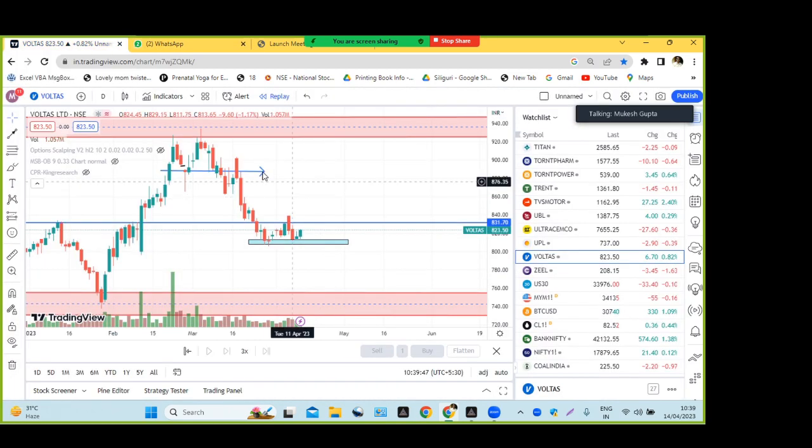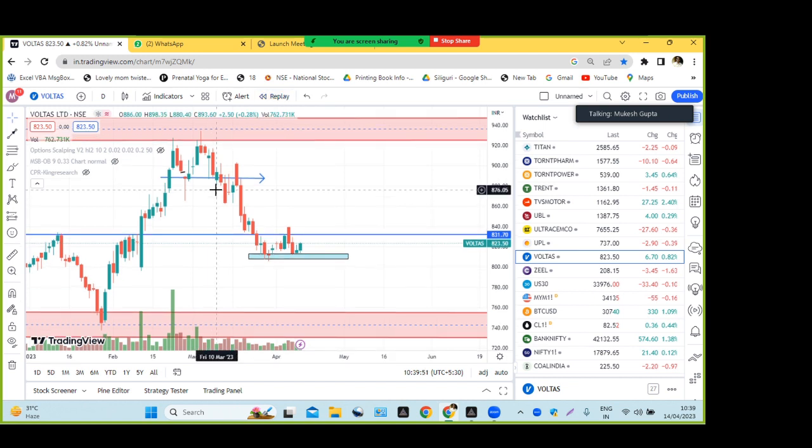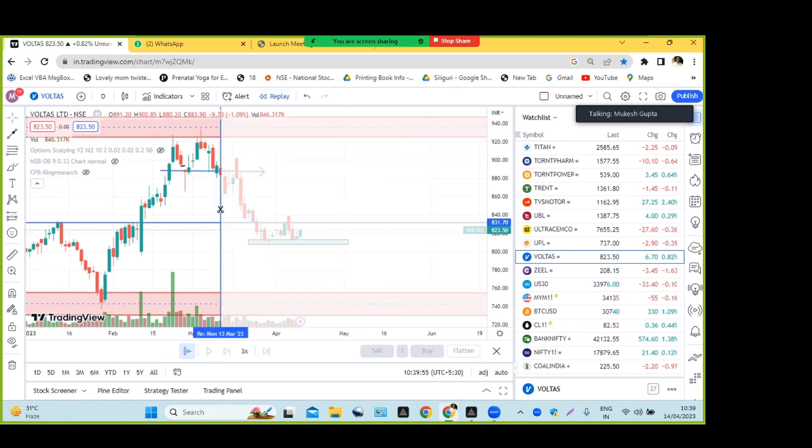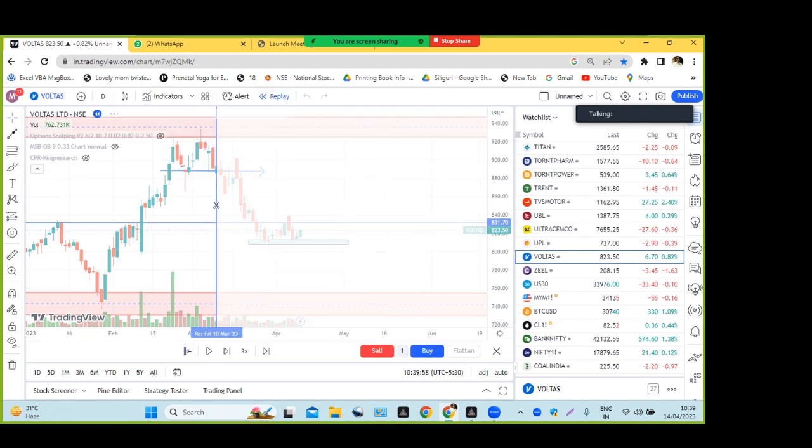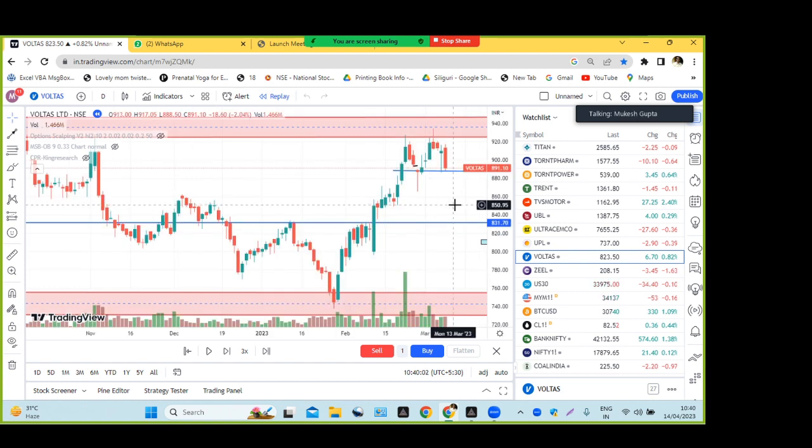Now if we consider this candle, if we go for replay on this mode also, somewhere here. Now consider you are on this day. What is this date? This is 9th March.